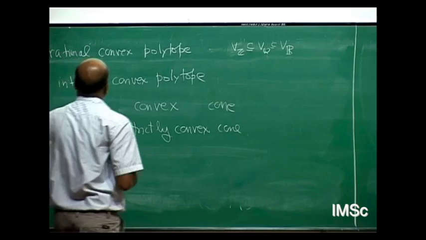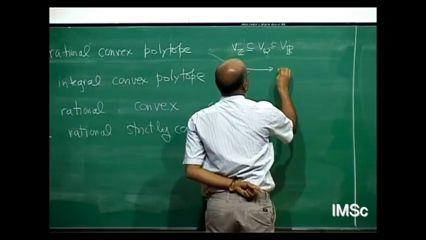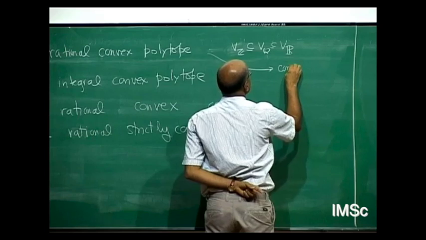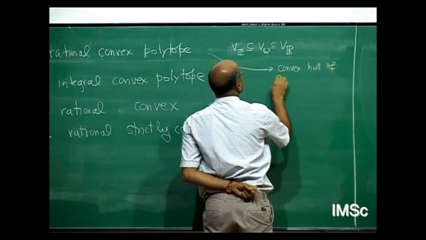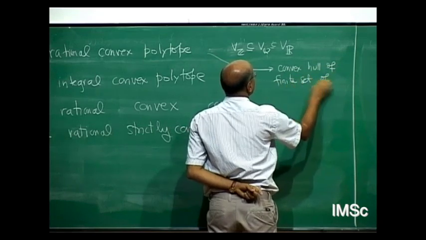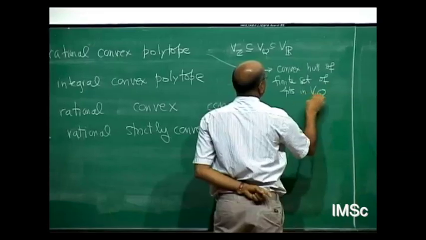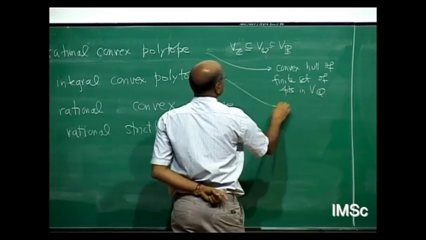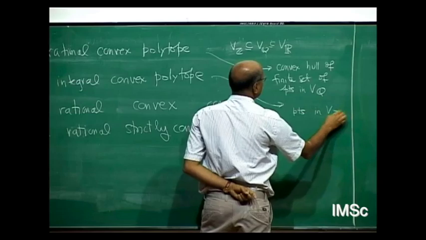And to say that it is a rational convex polytope is the convex hull of a finite set of points in VQ, and this is the same as points in VZ.